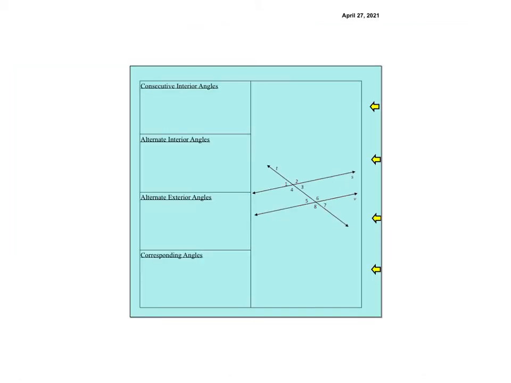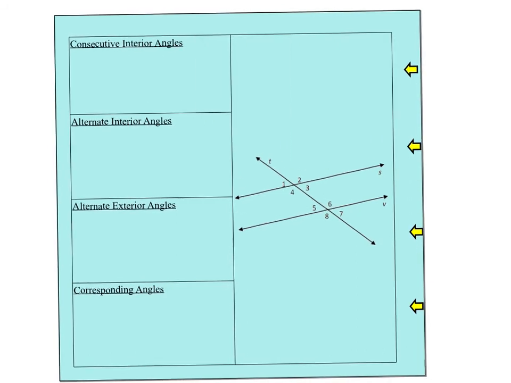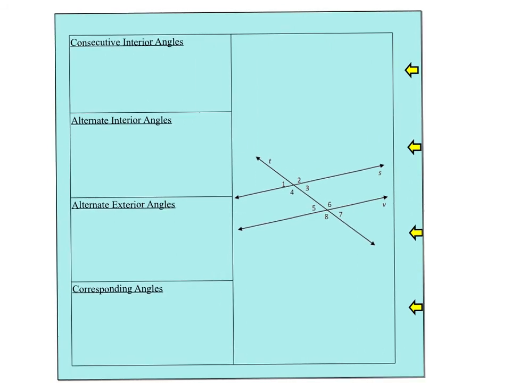So now, when you have parallel lines, once again, we have our parallel lines, S and V. So we have S parallel to V. T is your transversal. Now we have what we call consecutive interior angles.